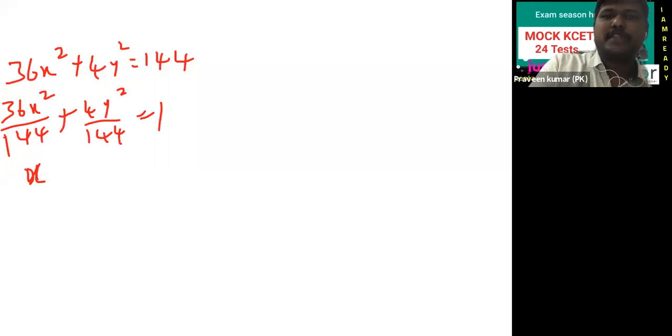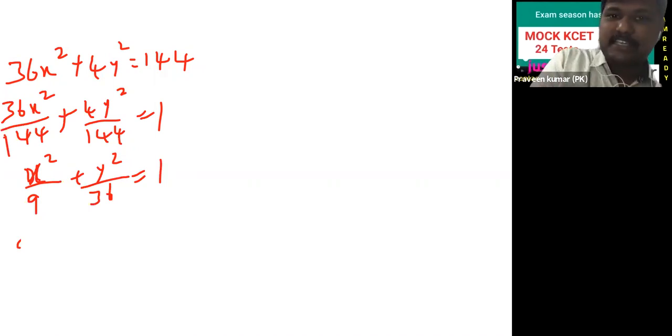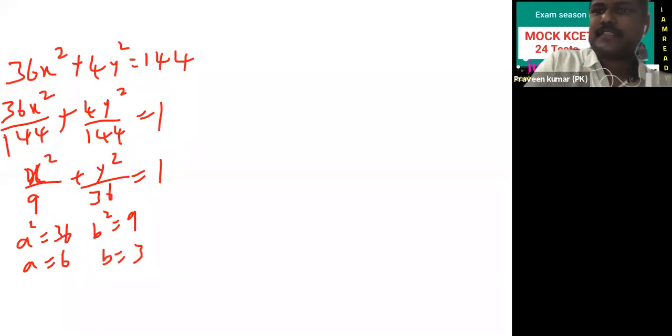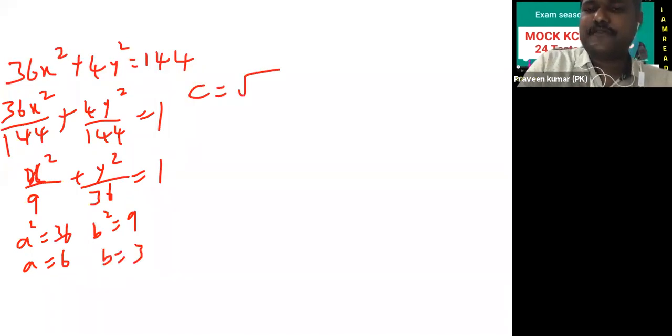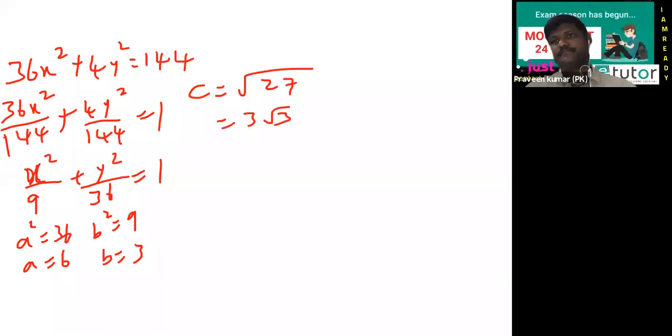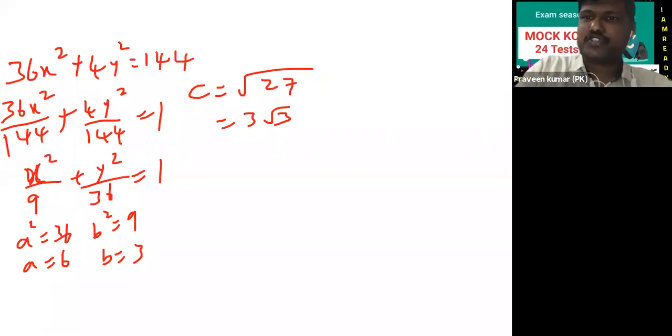X square by 9 plus y square by 36 is 1. It is on y-axis, dear students. A square is 36, A is 6. B square is 9, B is 3. C is root of 36 minus 9, 27, 3 root 3.